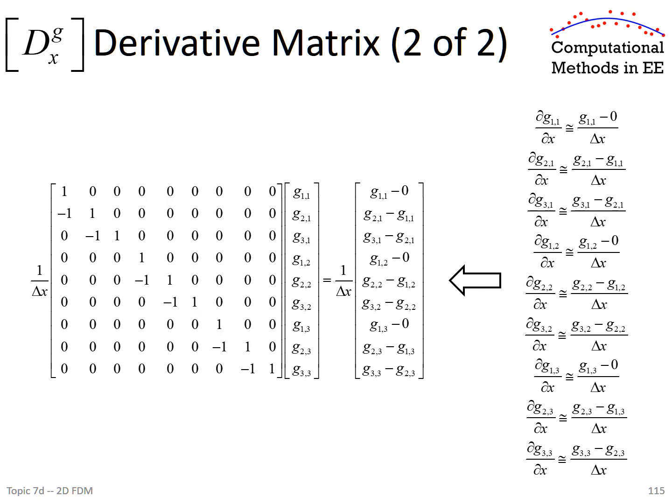This is what it looks like. This looks rather similar to our right-handed derivative in the x direction, except for the right-handed derivative, we had positive ones going down this +1 diagonal and negative ones down the center. Now look what's happening. We have positive ones in the center diagonal and negative ones in the lower diagonal. And there's also these little corrections that we'll have to go back and do.